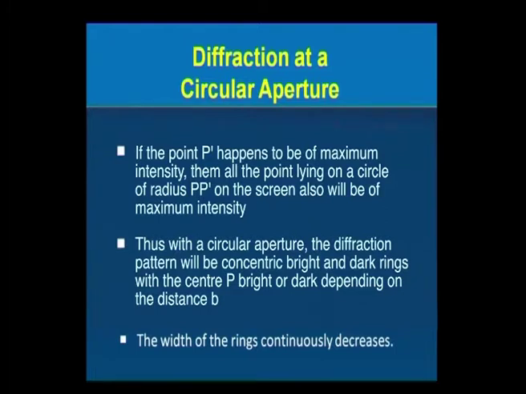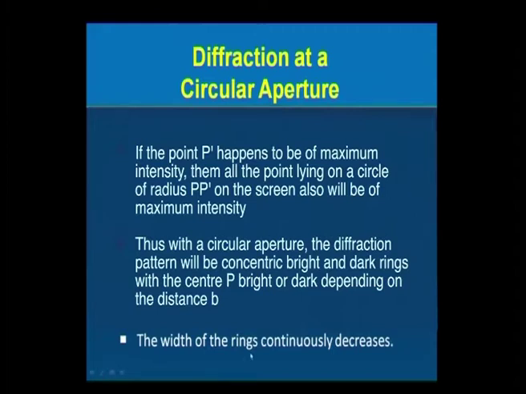Thus, with a circular aperture, the diffraction pattern will be concentric bright and dark rings with the center P bright or dark depending on the distance b. I told you the point P itself will be bright or dark depending upon whether the aperture is equivalent to an odd number of zones or an even number of zones.